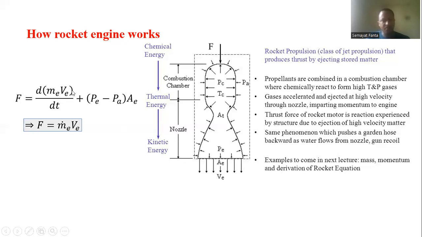Okay, so m_e is the mass flow rate, the propellant burn rate. Here the formula is d(m_e V)/dt. When we convert it, it is just m dot times V. M dot means dm_e over dt. So this is the principle of most common rockets.